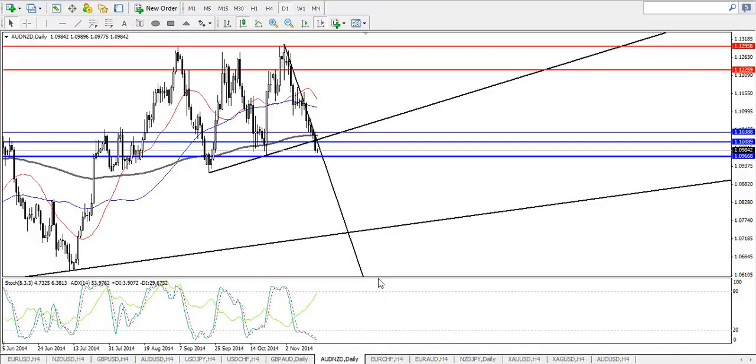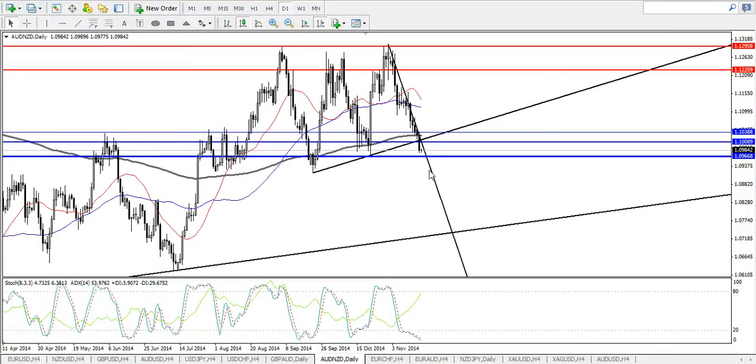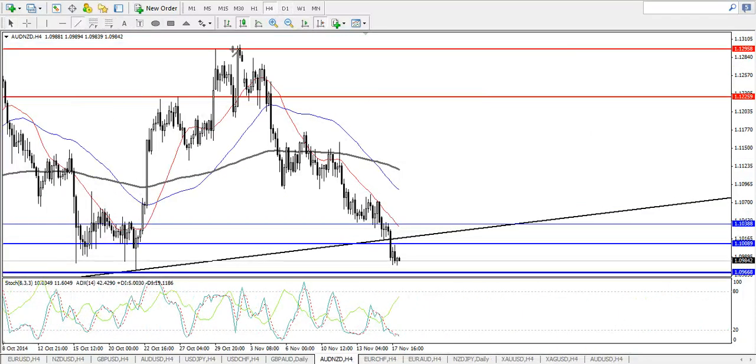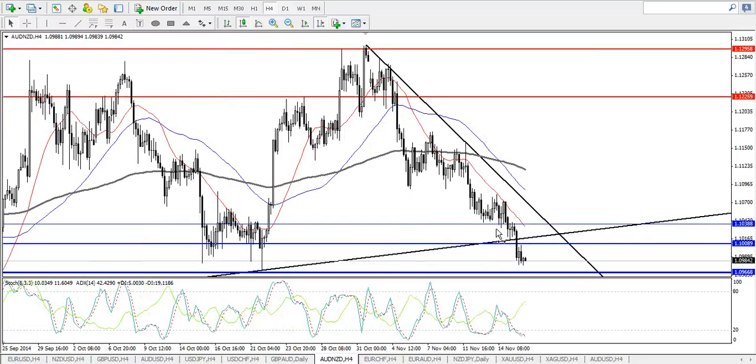And finally, I would just like to touch on the Australian dollar against the New Zealand dollar. If we zoom in on the 4 hourly chart, we do see that price is falling along with a falling trend line over here. Yes, just broken below the ascending triangle.